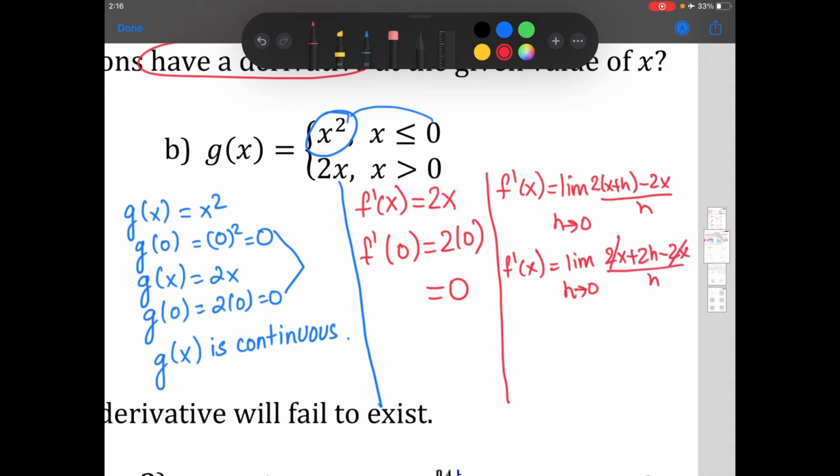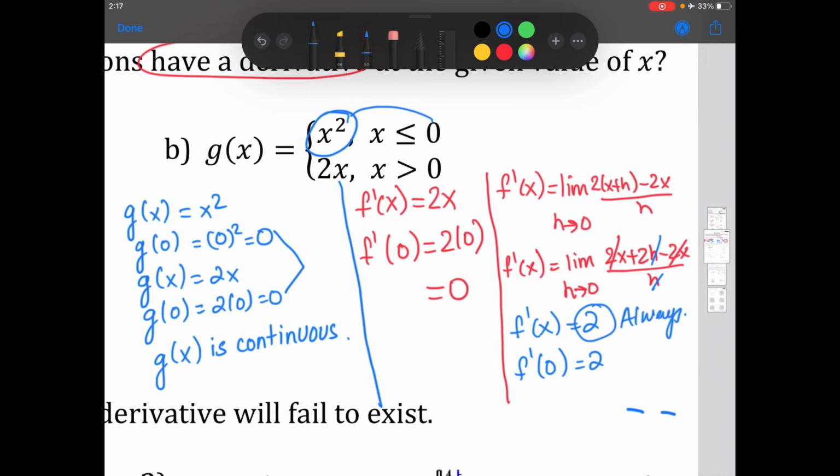The 2x's cancel out, and the h's also cancel out because it was 2h over h. So I'm left with just 2. So at 0, this would still be 2 because it's a constant. Always will be 2. I'm going to just write that down.